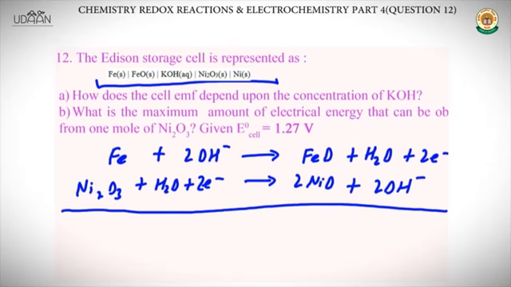Right, so you have to keep in mind that because the electrolyte is KOH, the OH minus will also play a role before writing the half reactions.